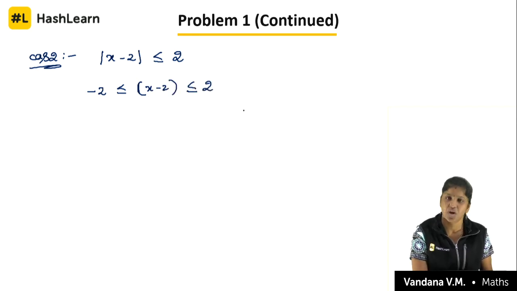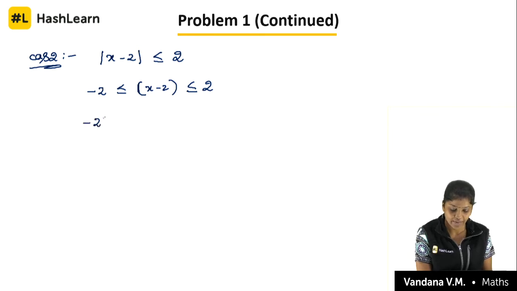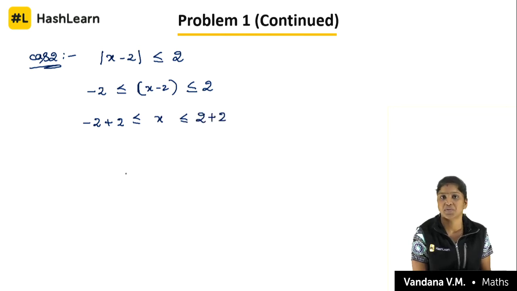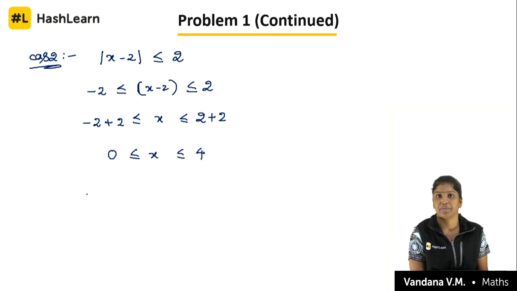Otherwise, however we did in the previous case, you can expand like that also, not an issue. Now bring it to this side: minus 2 plus 2 less than or equal to x less than or equal to 2 plus 2. Here 0 less than or equal to x less than or equal to 4.